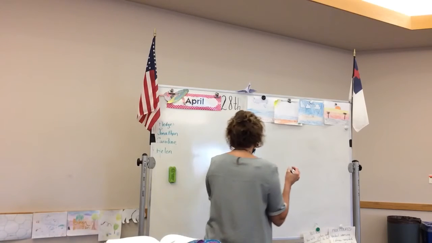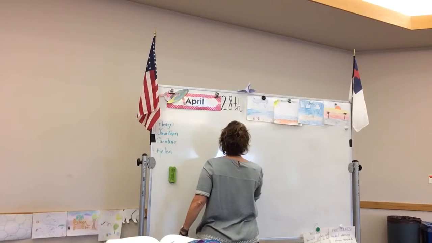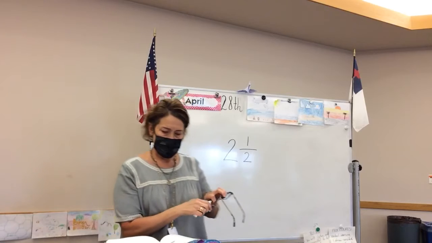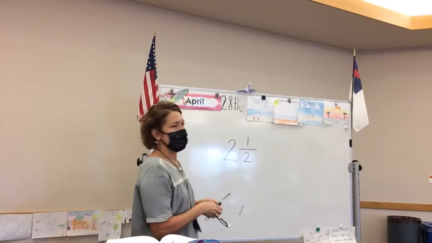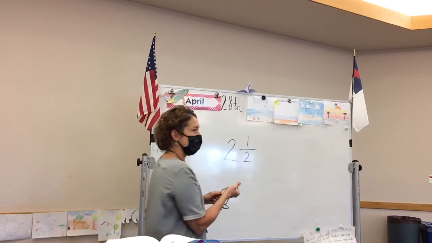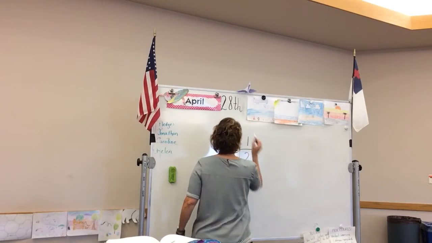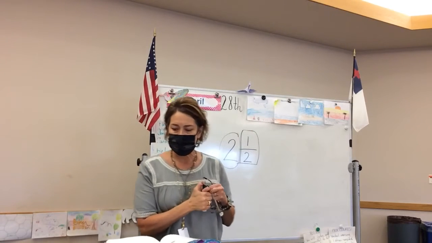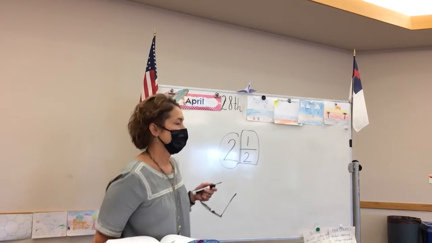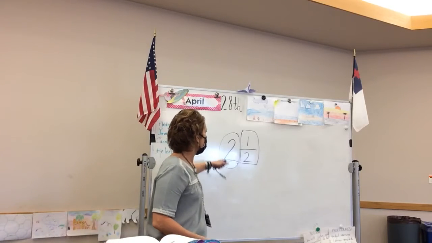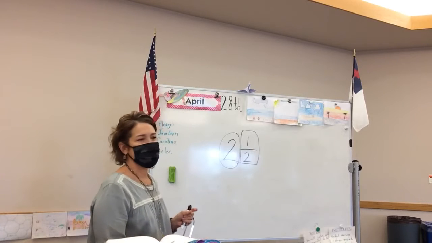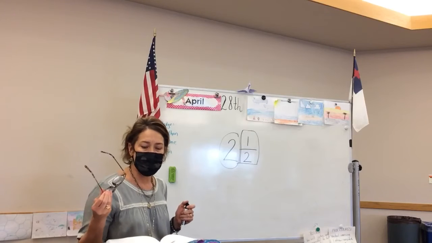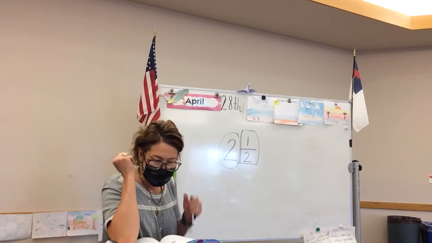So on this number, which is on the top of your page, what number is the whole number? 2. And then what is this? So when you combine that, you get a mixed number. So this is a mixed number. A whole number mixed with a fraction. And you can see on top of page 243 how that would look if you were drawing it.